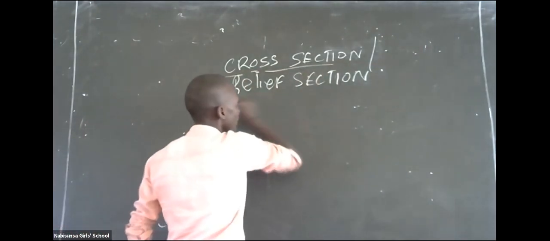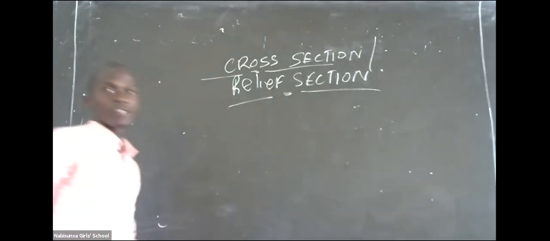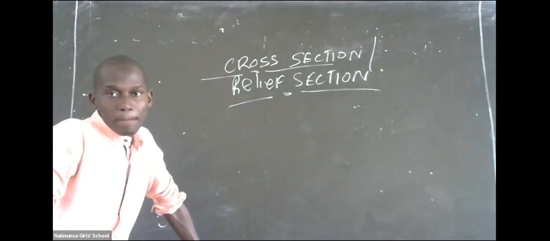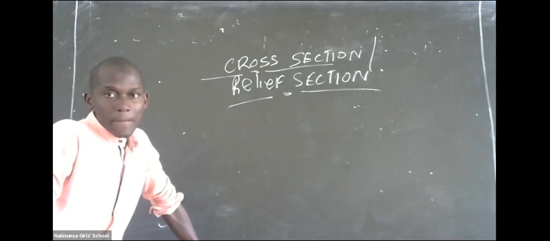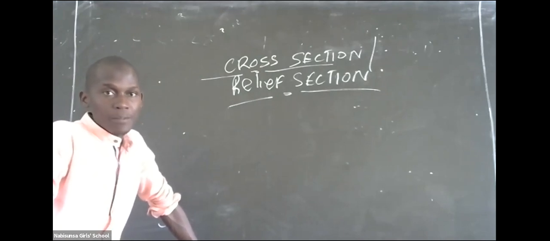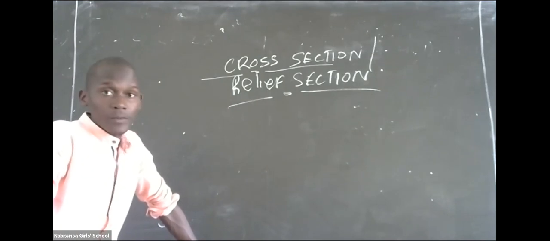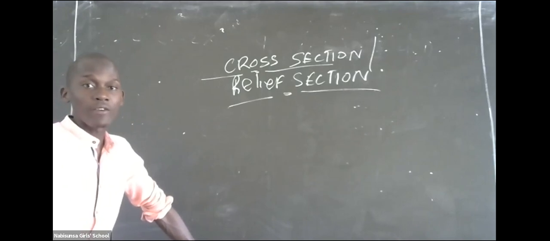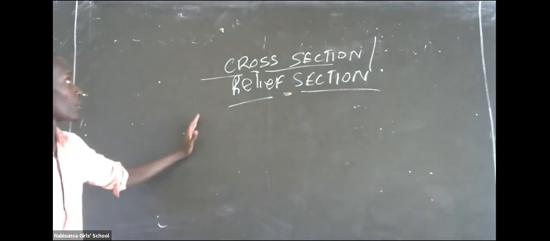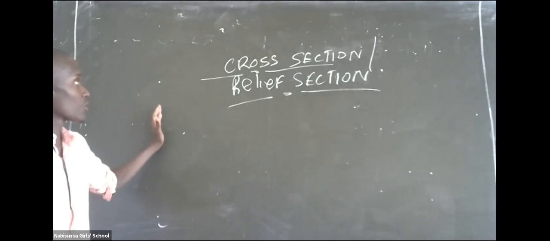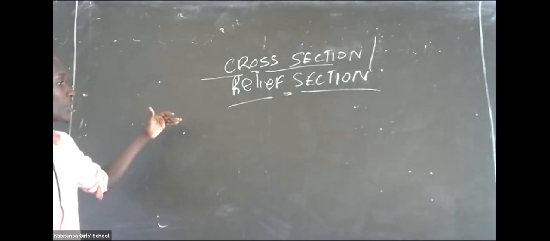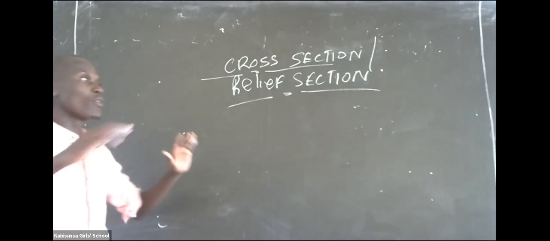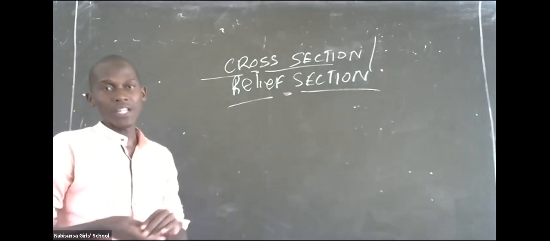When you find a cross-section or a relief section, don't be confused. Am I clear? Whenever you find a cross-section, sometimes they can call it a relief section. The reason is that it helps us to know whether you're on the hill or in the valley.